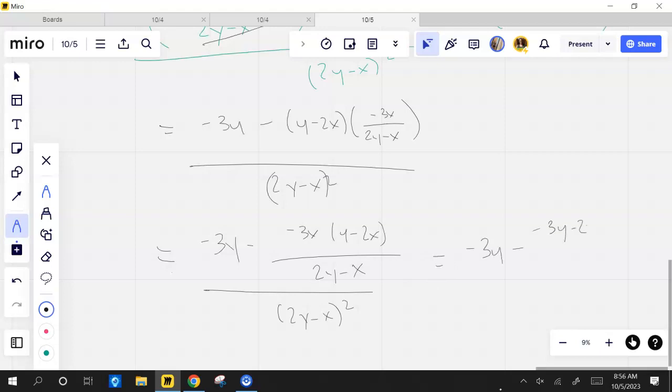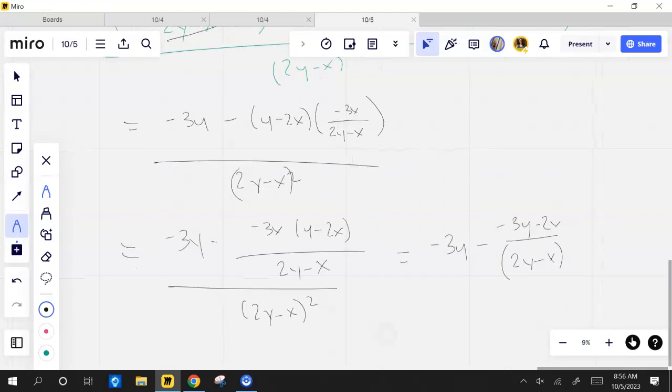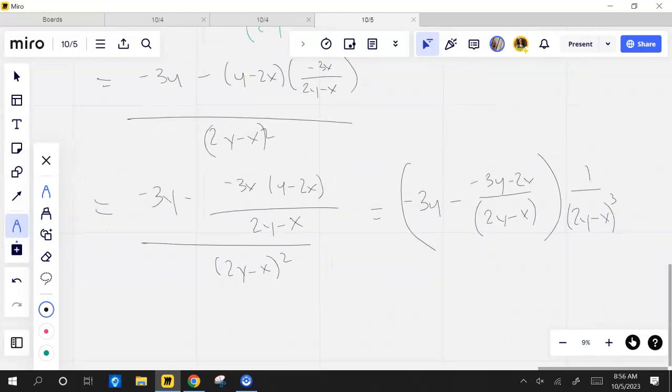I'm going to multiply by the reciprocal at the bottom there, which I think is what Lainey was getting to. I'm going to times this by 1 over 2y minus x cubed. I'm getting ahead of myself. I'm almost there now.